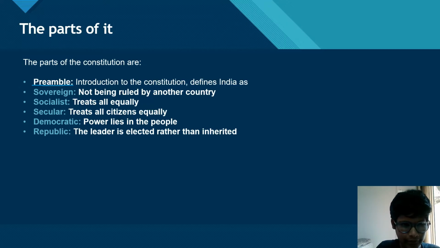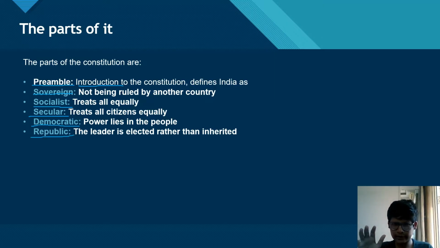The preamble, which we are studying right now. The preamble is the introduction to the constitution, and it defines India as sovereign, socialist, secular, democratic, and republic. All these words basically define the nature of the country of India and also the nature of the government, which is kind of correlating.